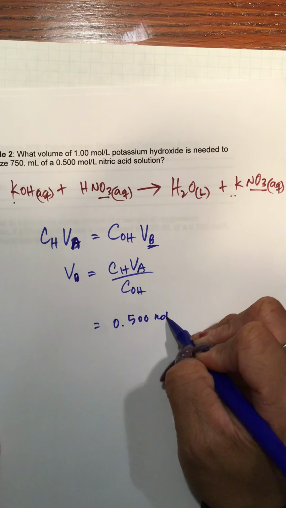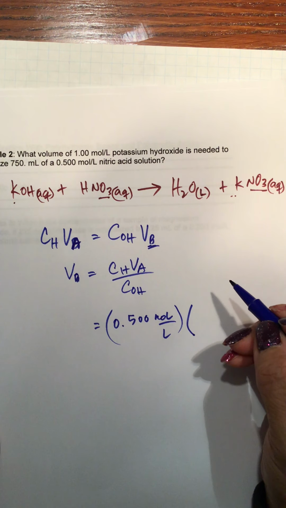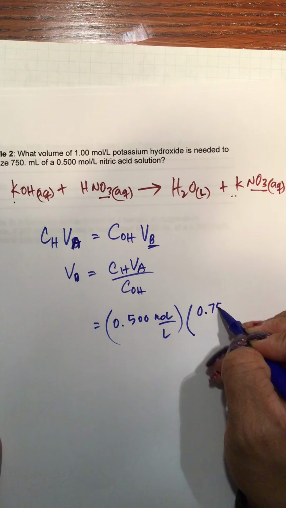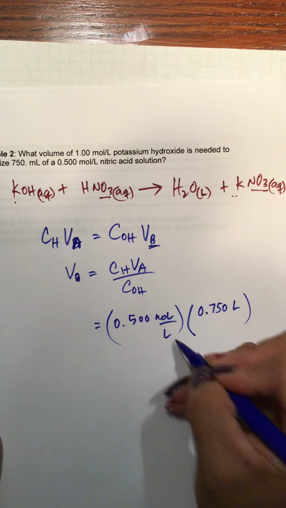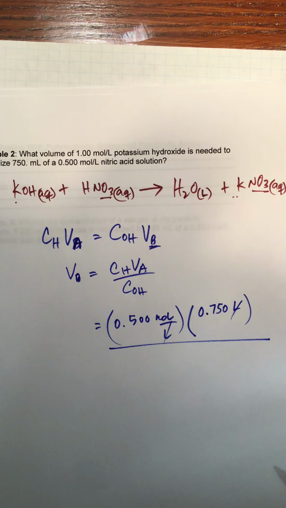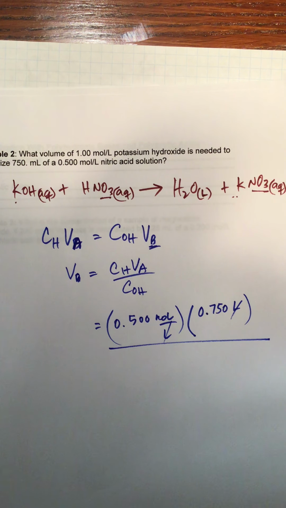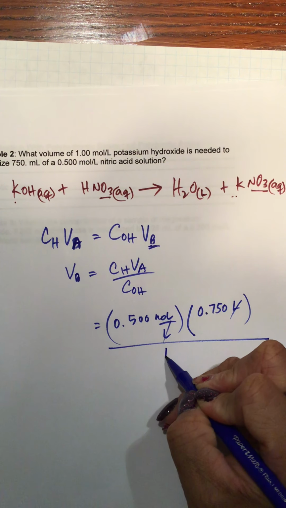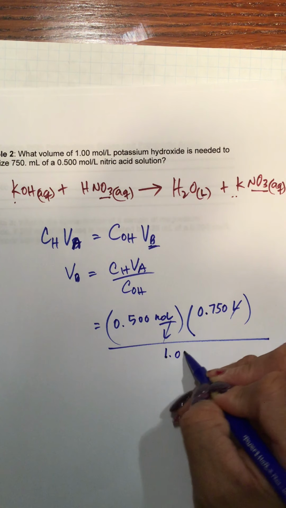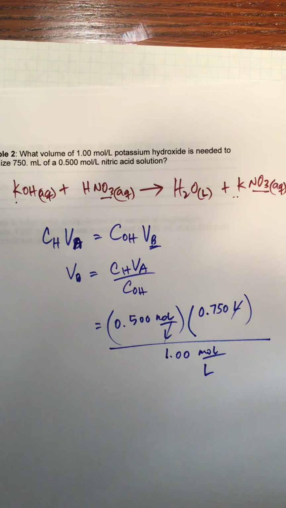0.500 moles per liter, times the volume of the acid, which is 750 divided by 1,000, so 0.75 liters. Divide that by the concentration of the hydroxide, which is 1 mole per liter of potassium hydroxide.